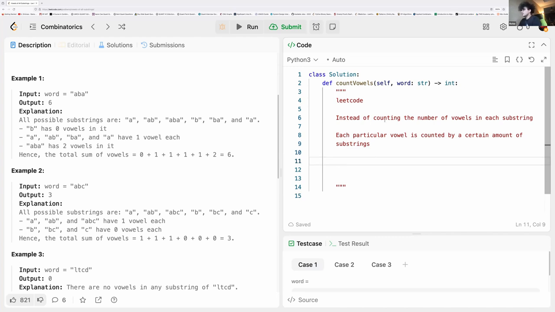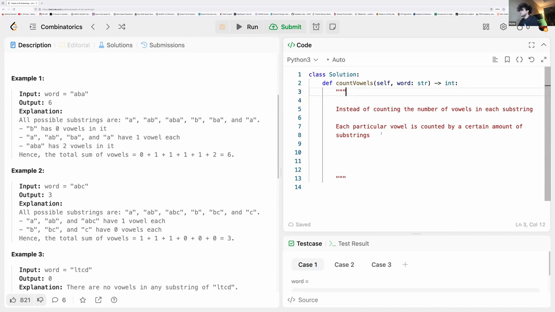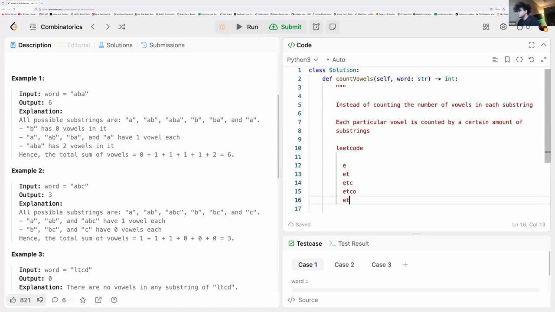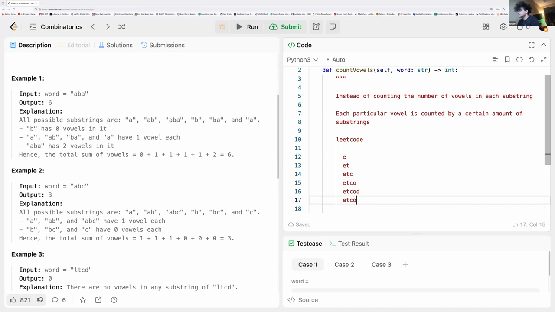In our test case Leetcode, let's look at this E in particular, this second E. Let's write out the substrings which contain it. Of course, we have E itself, we have ET, we have ETC, we have ETCO, ETCOD, we have ETCODE.